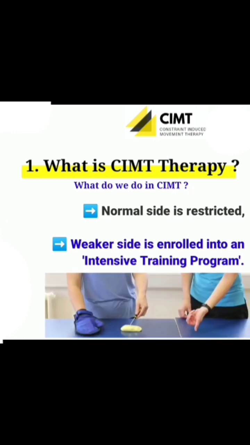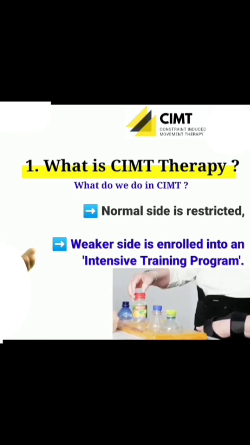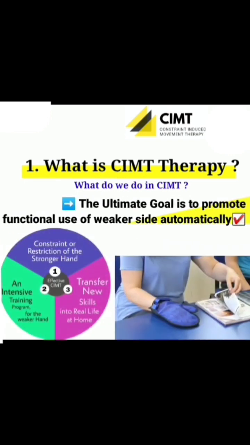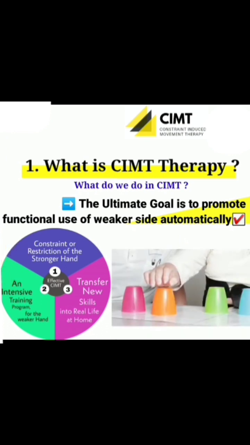During this period, the patient is supposed to practice and master many movement patterns and functional tasks utilizing the weaker side upper limb. The ultimate goal of the CIMT training program is to enable the patient to functionally use the weaker side upper limb automatically. That is, the patient should not be consciously thinking about using the weaker side of the upper limb.